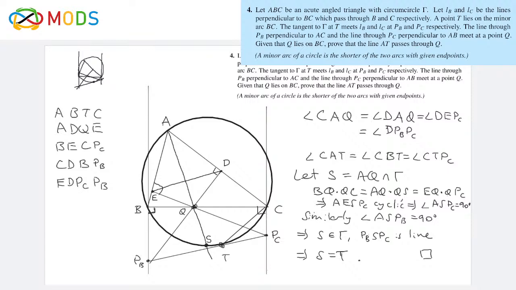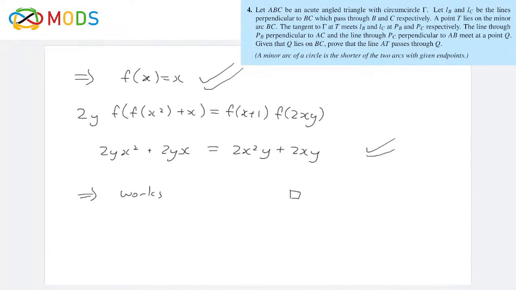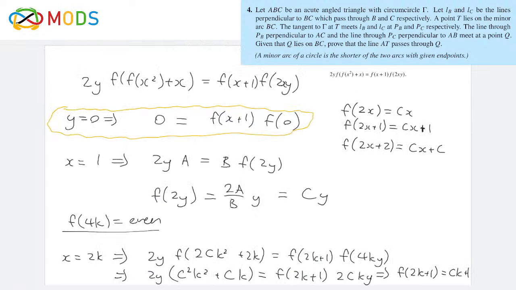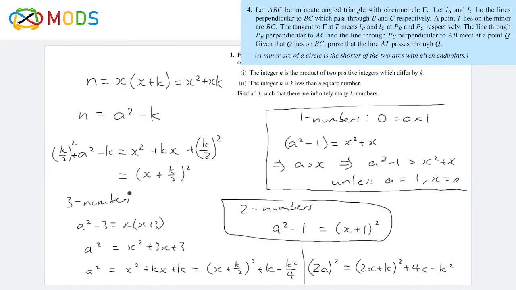Alright, time to write up the solutions. Which ones do you want to take? I can do 1 and 4. Alright, I'll do 2 and 3. Okay. Cool.